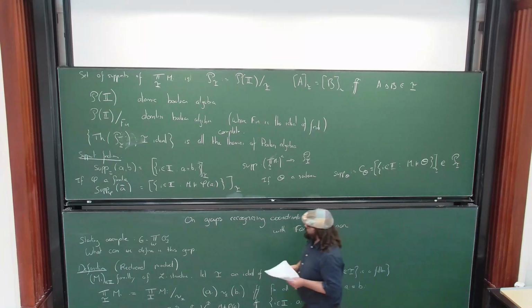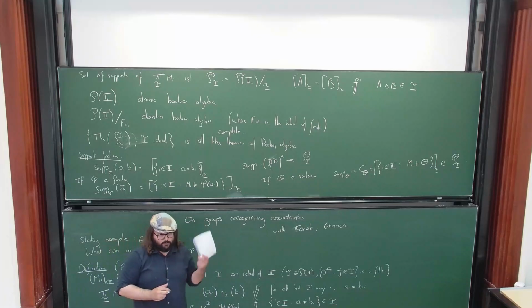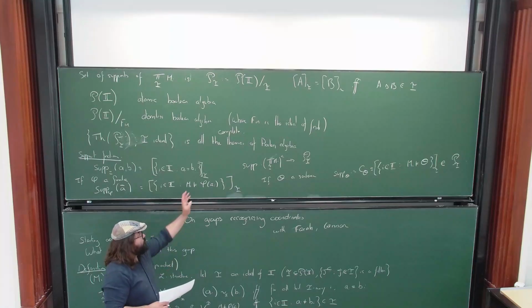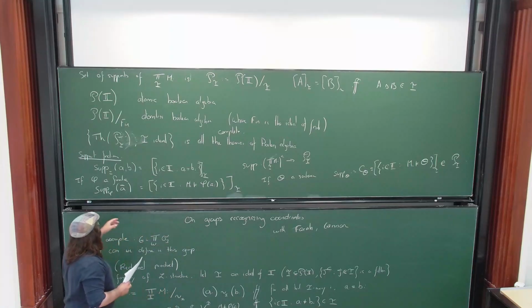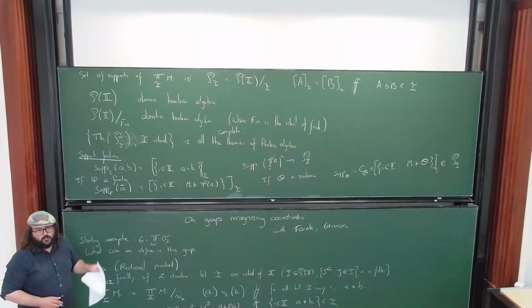Okay, so I just want to risk an analogy with valued fields to explain why I'm considering reduced products and not just products. If you just consider products, you end up only considering the atomic Boolean algebra.